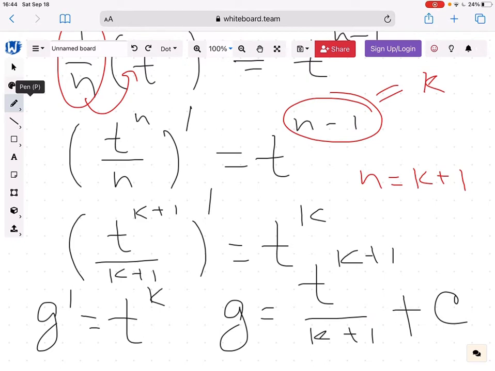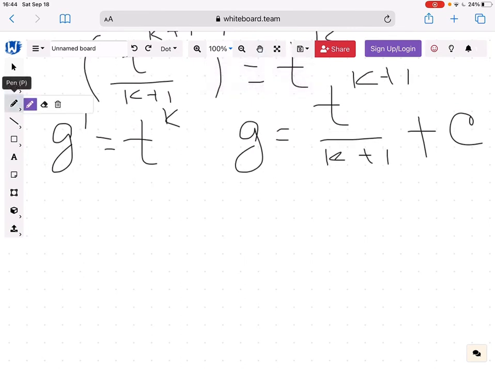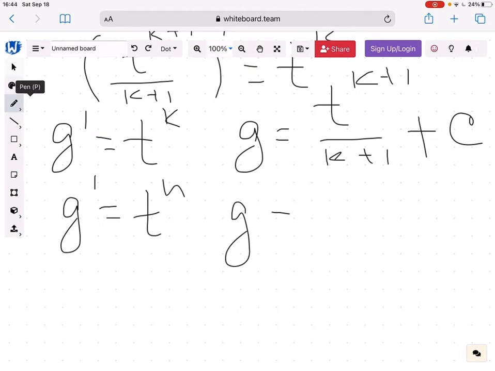All right? Or if we go back to our original variables, we don't like k, we want to use n, we say this. Okay? And that's a formula to use to find how to integrate power functions.